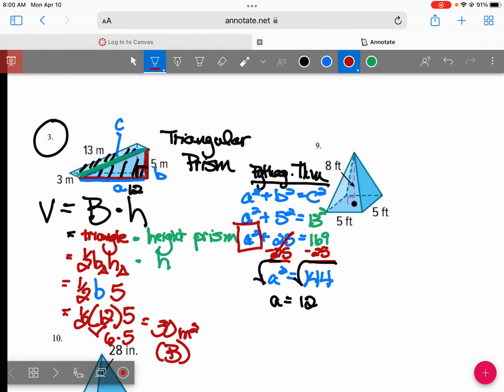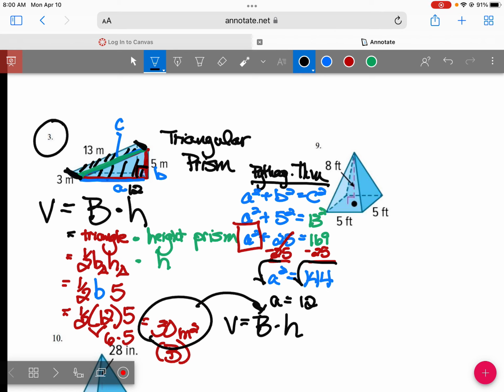Now, the height of my prism is right here because the base is facing us. This is like a wedge of cheese where the bottom of the cheese is facing us. So the height is 3 meters. Volume equals area of the base times height.